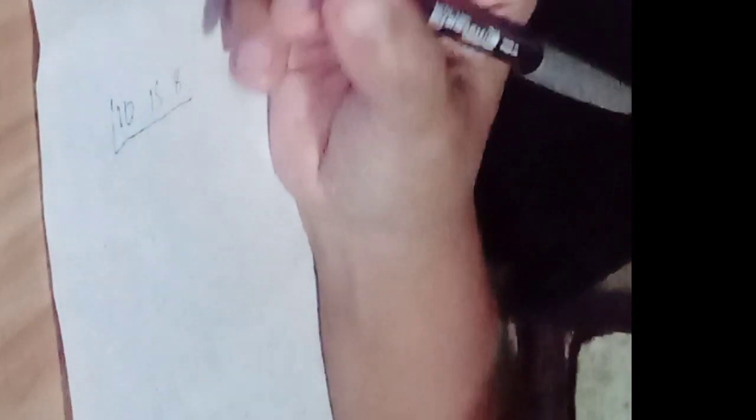We need to find the LCM of 10, 15, and 8 using continuous division or the ladder method. So we arrange the given numbers horizontally: 10, 15, and 8. Make a ladder. We write the common prime divisor at the left-hand side.